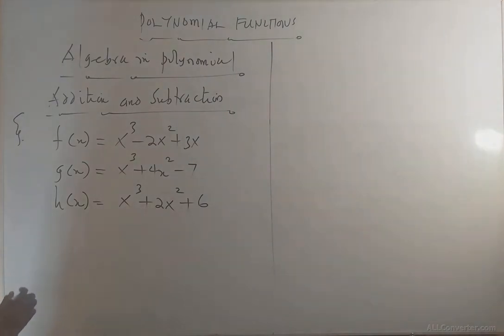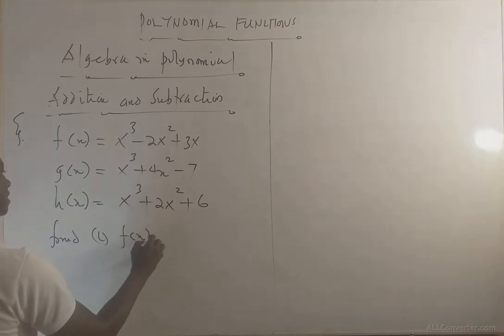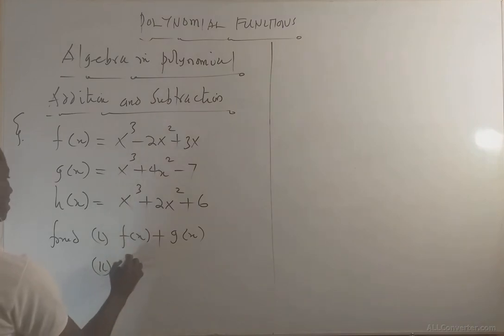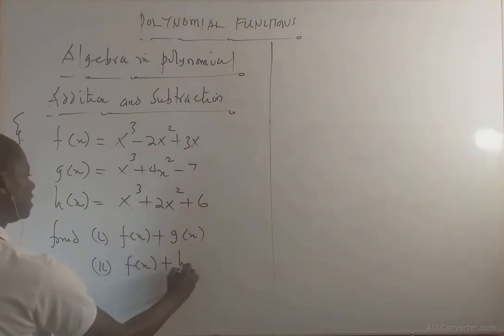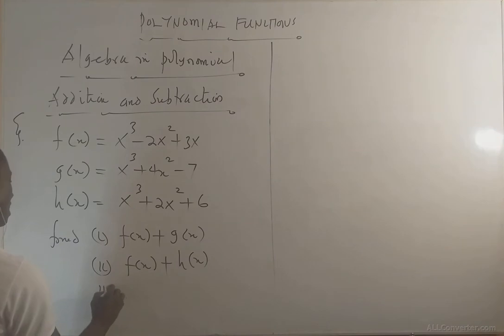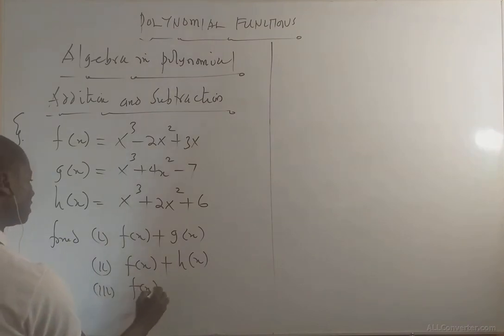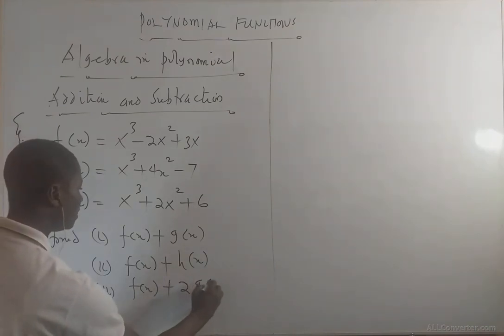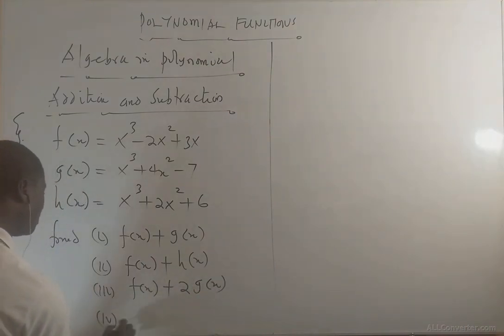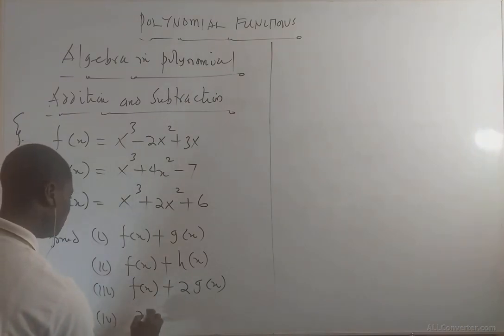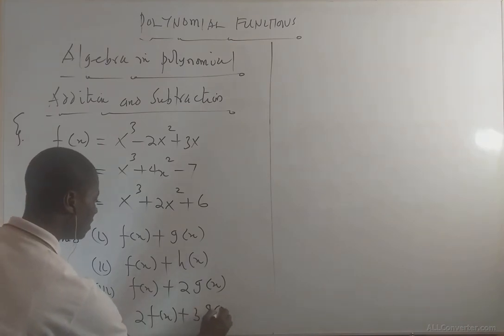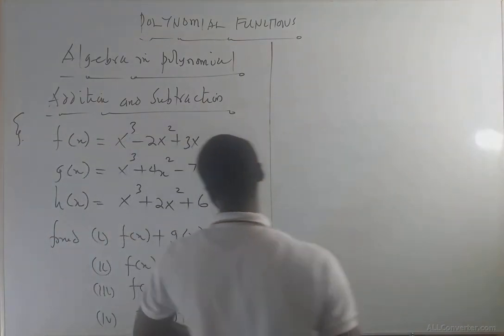Now let's assume that we are asked to find, one, f of x plus g of x; two, f of x plus h of x; three, f of x plus 2 times g of x; and four, 2 times f of x plus 3 times g of x. Okay, so let's assume that this is what we are given.